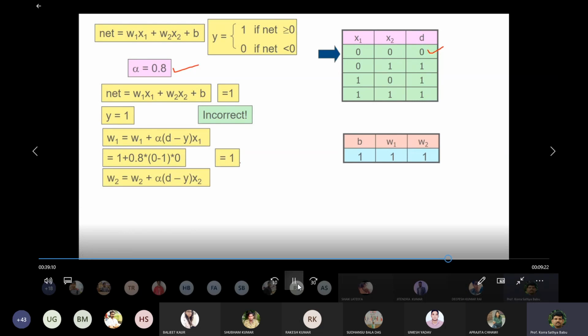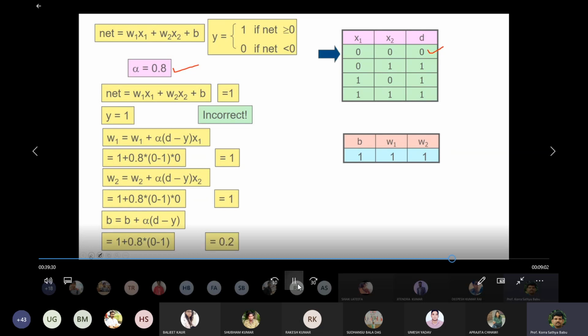Then it means that weight should be taken as 1 now, and W2 what it should be, again you compute with the same formula. This is the weight updation formula, same, but with respect to W2 and X2. So you get 1 again, and bias equal to bias plus learning rate into desired minus attained output. So you get 0.02.